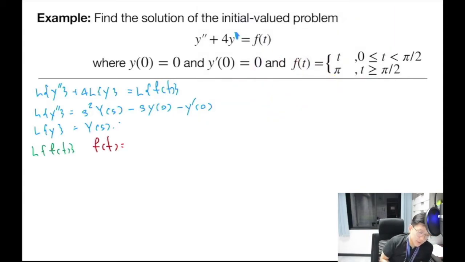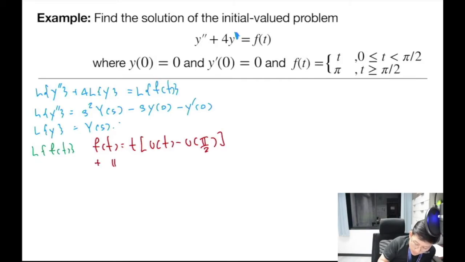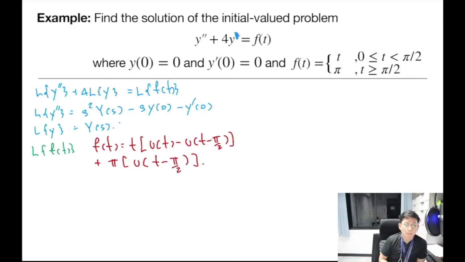So what is f(t)? f(t) would be t times [u(t) minus u(t minus half pi)] plus pi u(t minus half pi). But guys, don't forget u(t) is actually u(t minus 0), and it's not 0, it's 1.